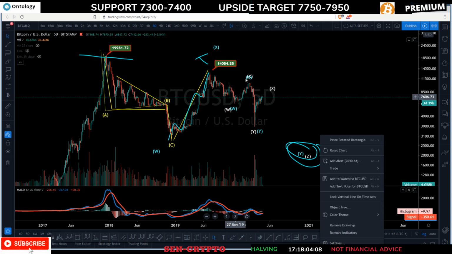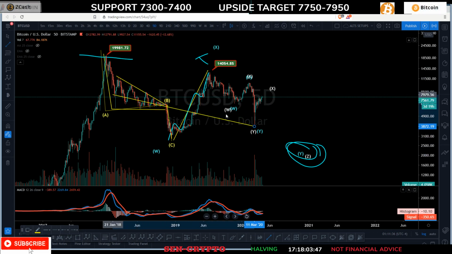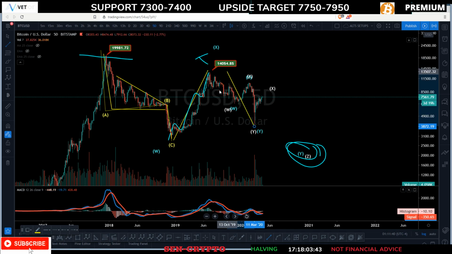Since the current move we're making from 4K to 8K is very impulsive, it can even go higher. It can retest like 10.5. It's not going to change anything about the macro scale, because we just have to change the count.